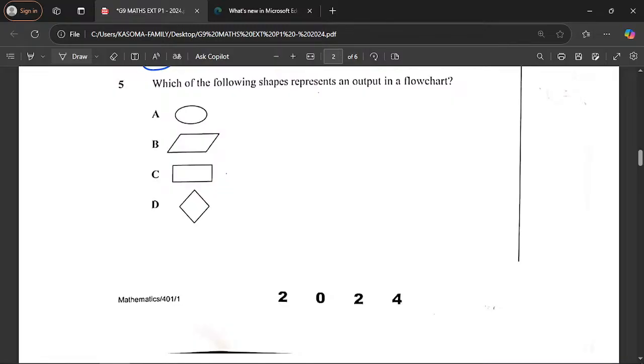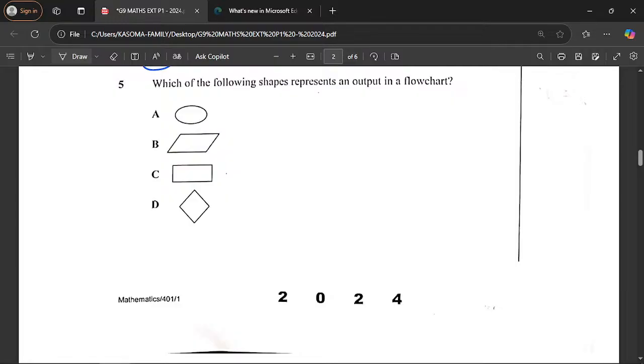Find the answer there and please share your answers with us. Which shape is representing the output?